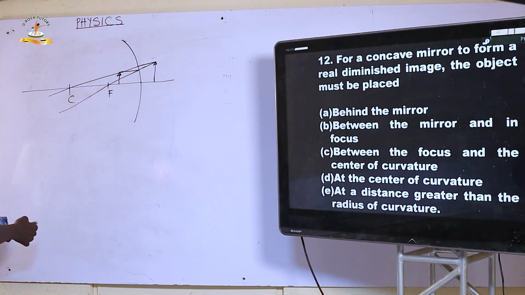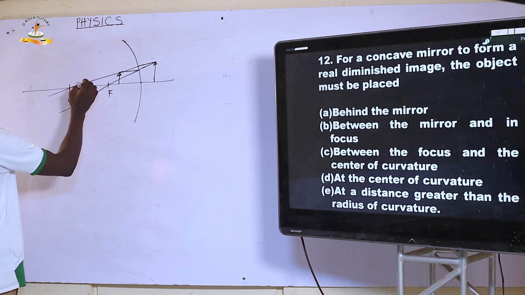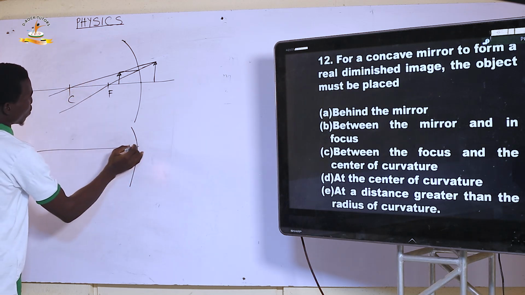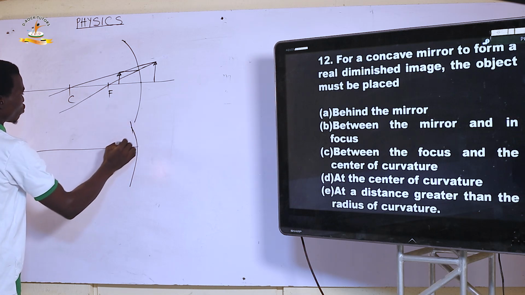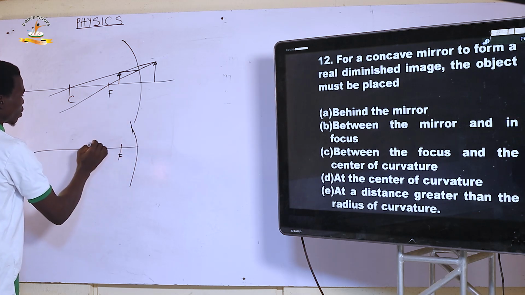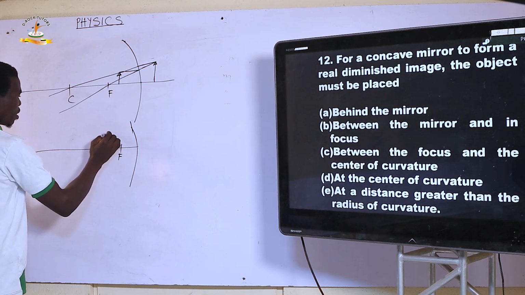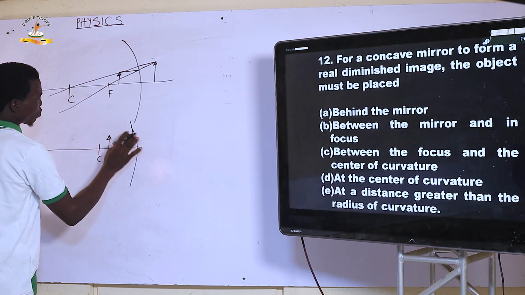So let's take a look at the second condition. Let me draw another one here. This time around, we're going to put the object between the focal length and the curvature. So let's put an object anywhere here and see how it works.